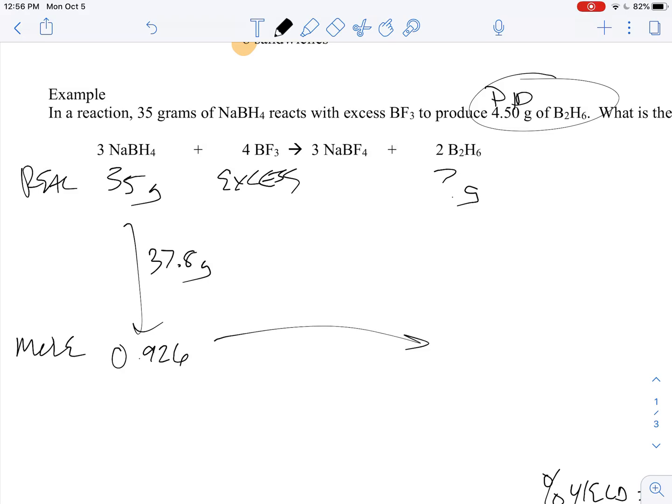So what are we going to do? We're going to head over here by a 2/3 ratio, because again, you have to take that mole factor into account. So multiply that by 2/3, and you should end up with about 0.617 moles here.